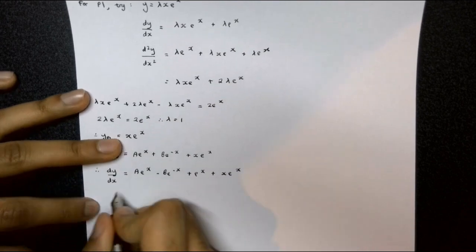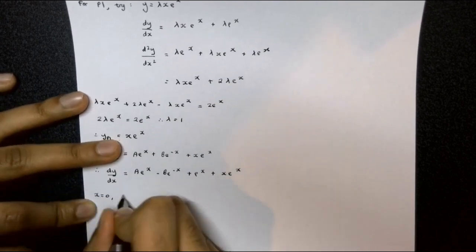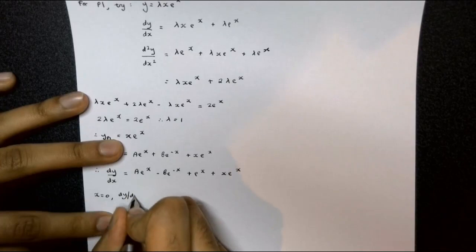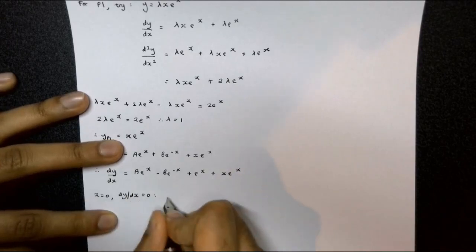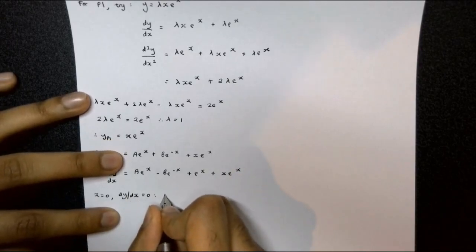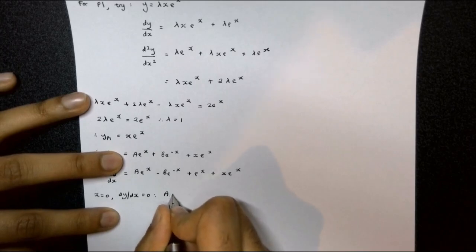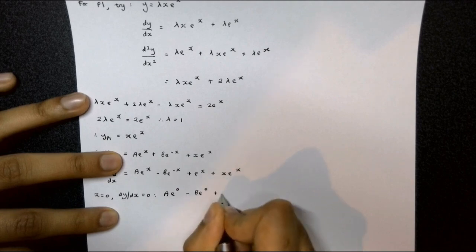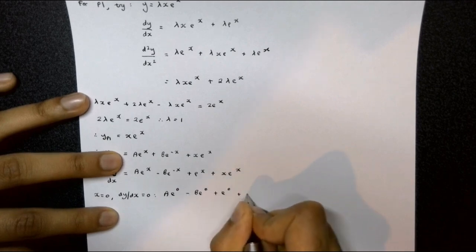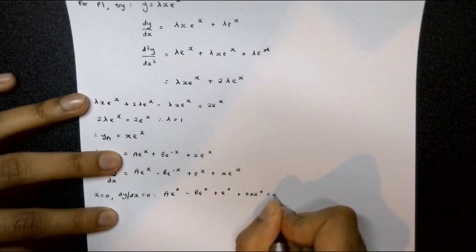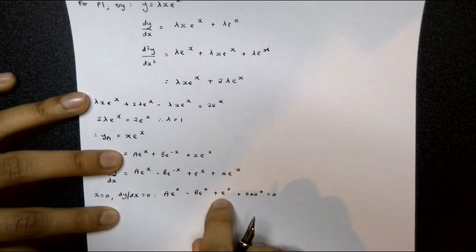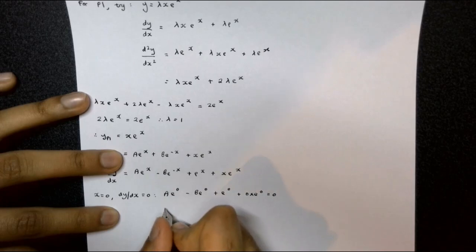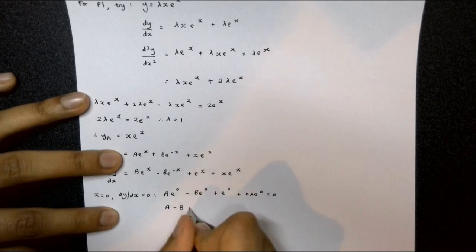And now substituting that condition, x equals 0, dy over dx equals 0, we have a e to the 0 minus b e to the 0 plus e to the 0 plus 0 times e to the 0 equals 0. Well, this term disappears, this term is 1. So what we are left with is a minus b equals minus 1.